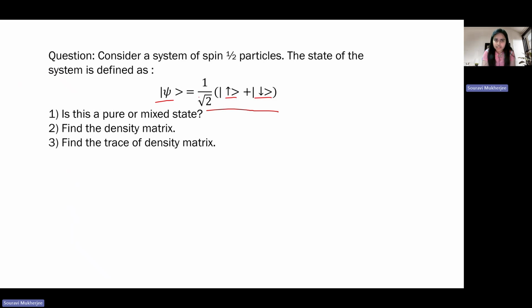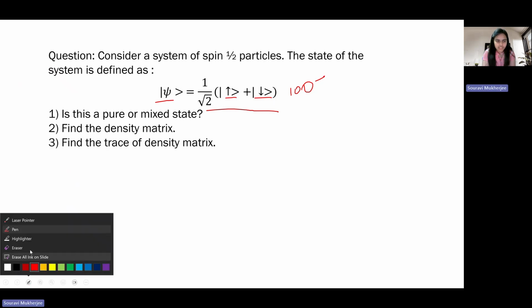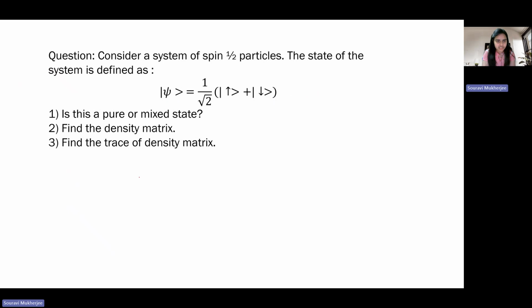But then you exactly know that your system is defined by this state. You are in this state with 100% probability. That's what the question is saying, right? So that means this is a pure state. Later, when I show more examples, it will be even clearer when we have a mixed state and a pure state. So the system is defined by a single state psi, so it's a pure state.